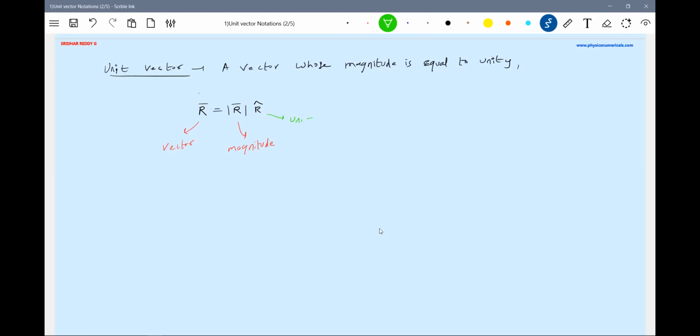How should you interpret that? Unit vector r cap is directed along vector r bar.